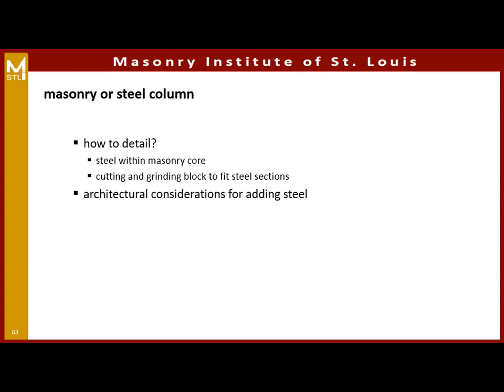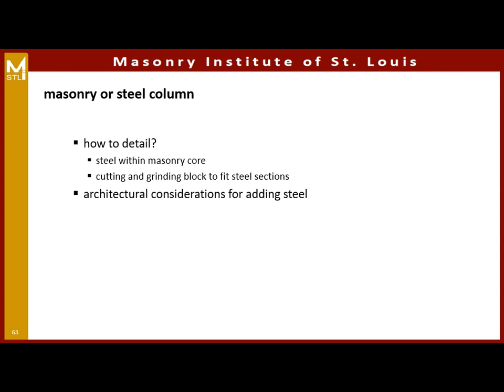One other issue with detailing that we run into sometimes is when we have a large point load acting on our masonry wall, and engineers at that point have to figure out how they are going to resist that load. One of the options we see people go to sometimes is to put a steel column that fits inside the masonry core. So obviously you're limited on what size steel you can fit in there.